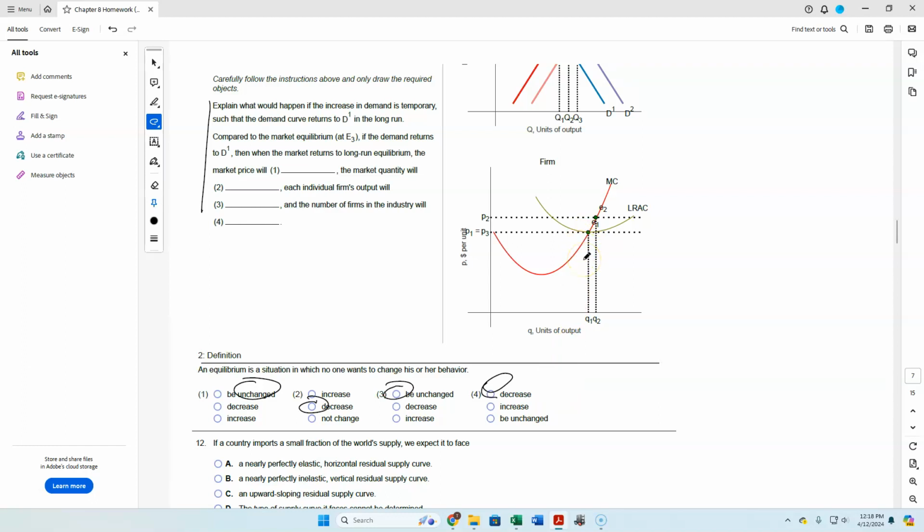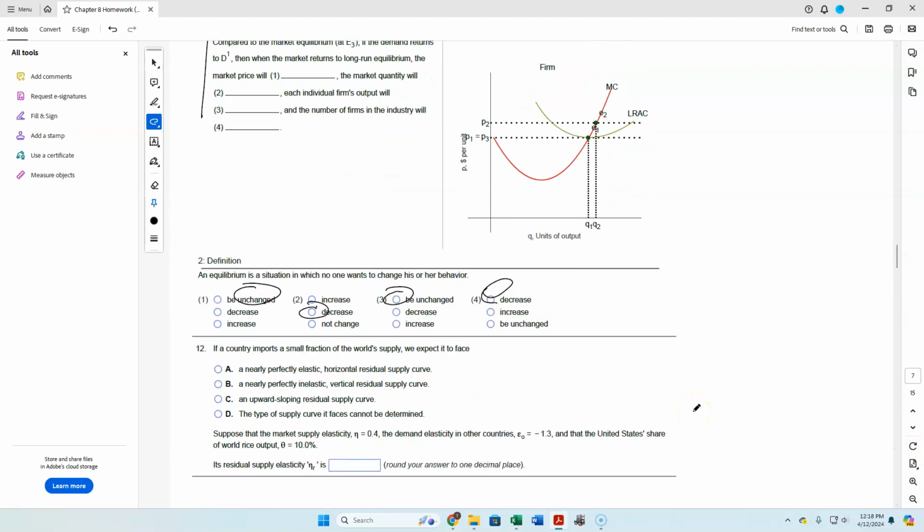Okay. The country that's facing, if the country is importing a small fraction of the world's supply, meaning it's a small demander, relatively speaking, then what would we expect to happen?